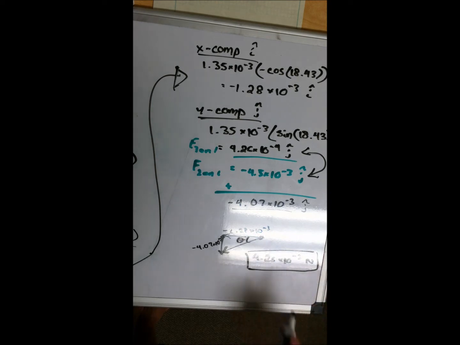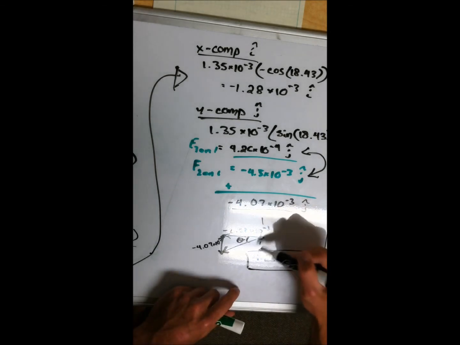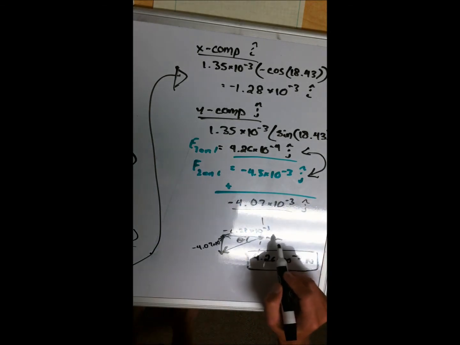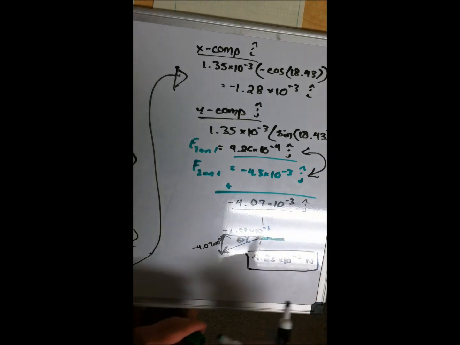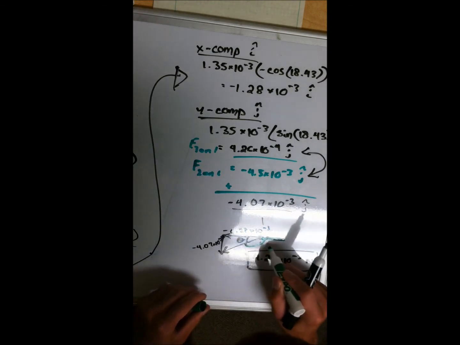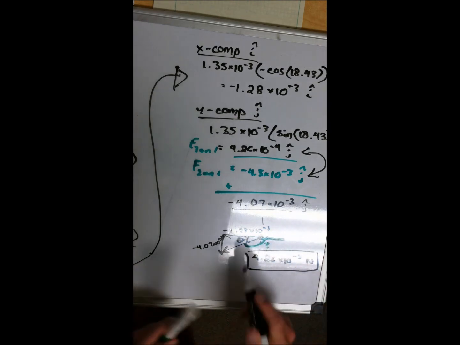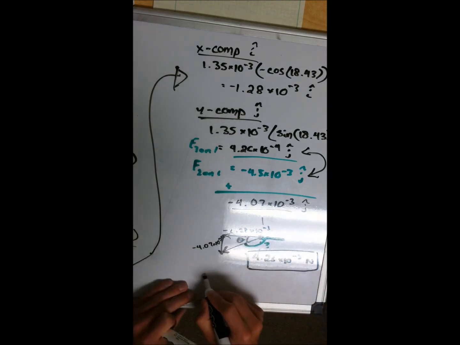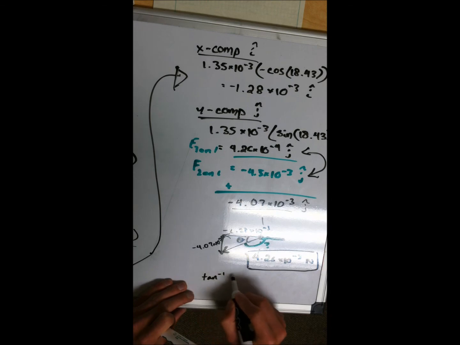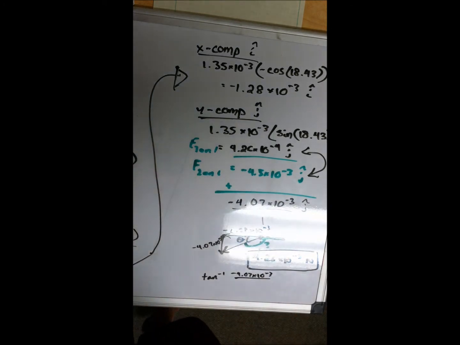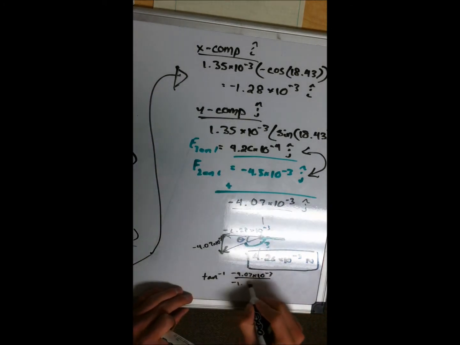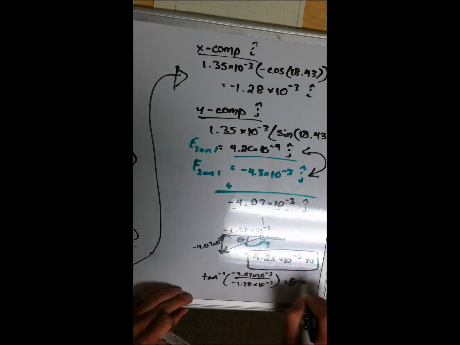Still need this angle though. The question asks what the angle is from the positive x-axis, being right there. So we're going to ultimately need to find this angle. But first we need to find the theta here. So tangent inverse of opposite, negative 4.07 times 10 to the negative third, divided by negative 1.28 times 10 to the negative third, is going to give us theta.